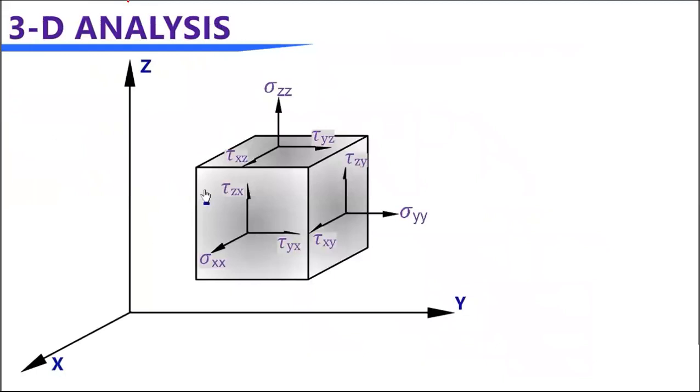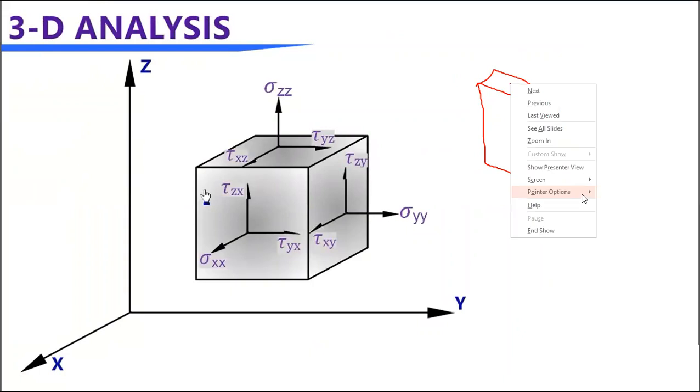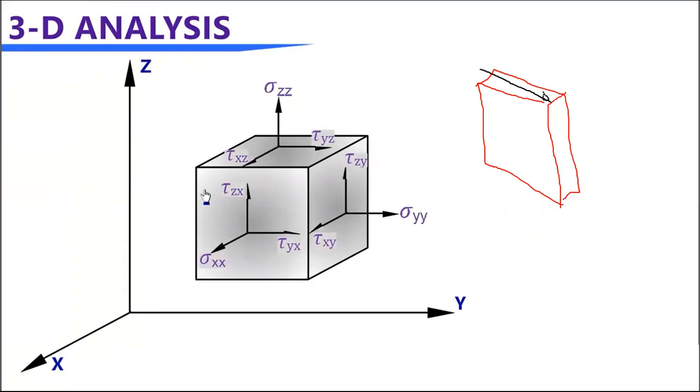So in 3D analysis, you will have, let's say, different planes. In early elements, mostly you will be talking about 2D plane stress conditions, so that you will have stresses on one plane, right? So you are looking from this, right? So this is your I. This was your earlier case.